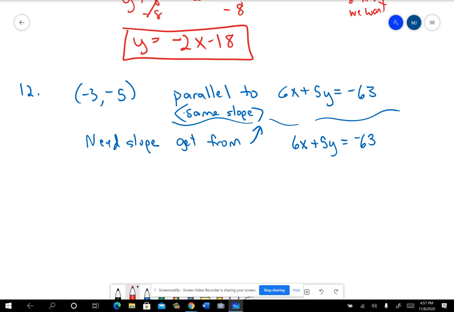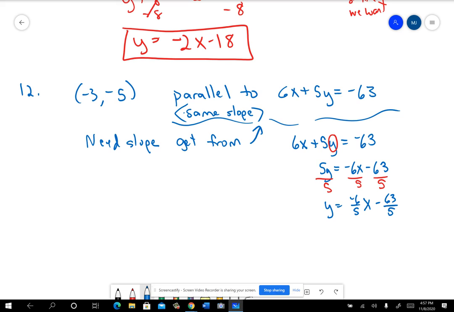So I'm going to be thinking about how if I could rearrange it and get y on a side by itself, I could identify the slope. So this is 5y equals -6x minus 63. I'm going to divide by 5 everywhere. I'm going to wind up with y equaling -6/5 x minus 63/5.